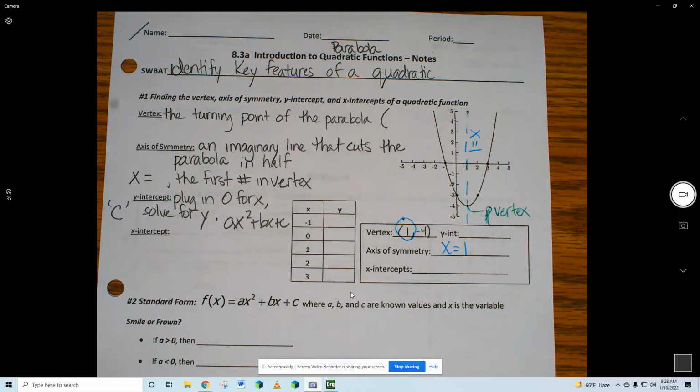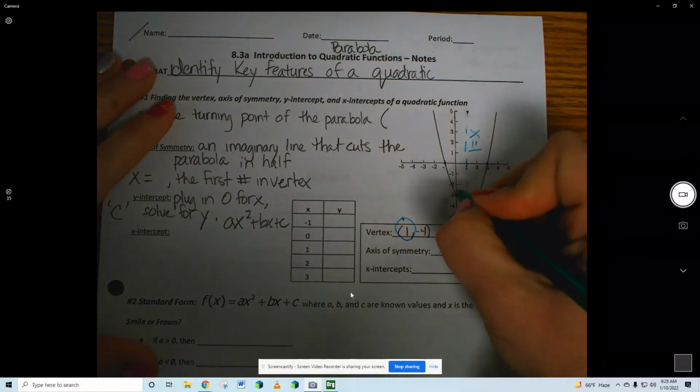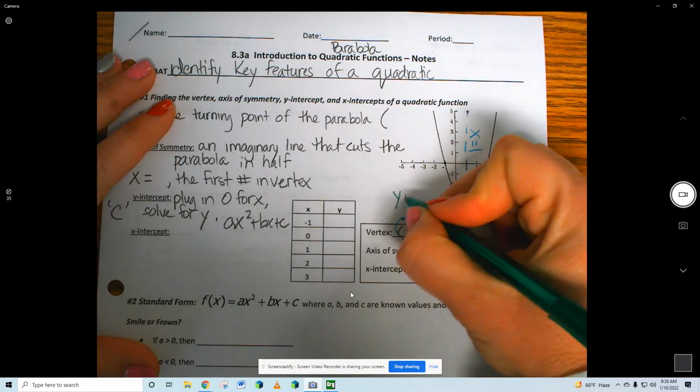When a parabola is in standard form, ax squared plus bx plus c, the end number, the c, is my y-intercept. For today, I'm just going to look at the graph. Where does my parabola cross the y-axis? Here's my y-axis. What number does it cross at? -3. That's my y-intercept. Let's label it.